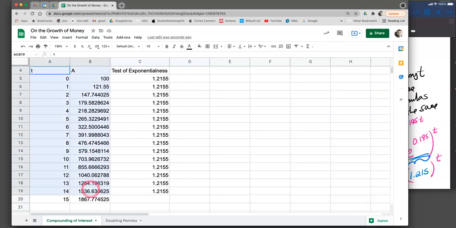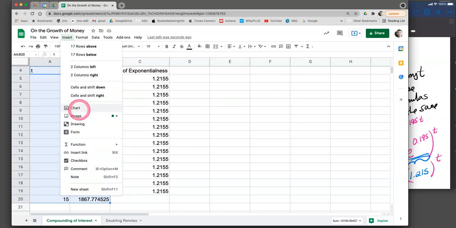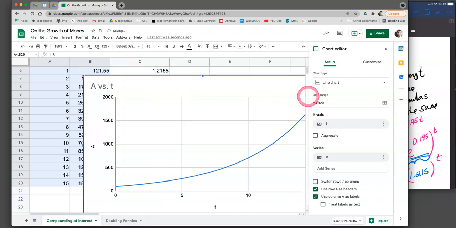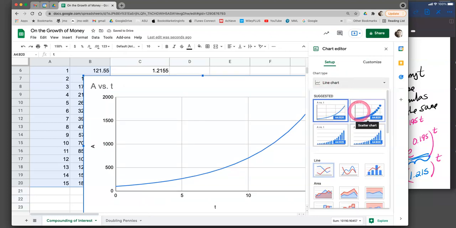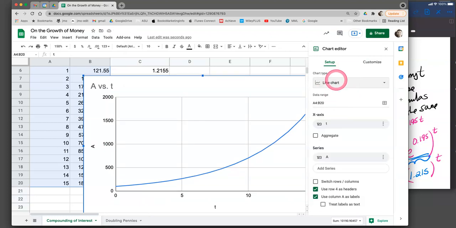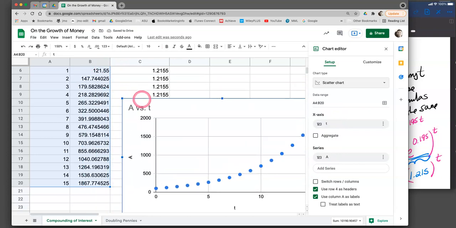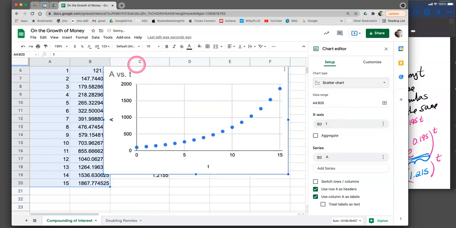In this particular video, I just want to focus on a chart of what this data actually looks like. Let's look at it as a scatter chart right here. And here is our data and the amount of money growing over a certain time period.